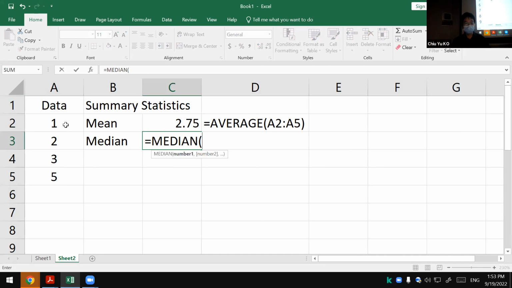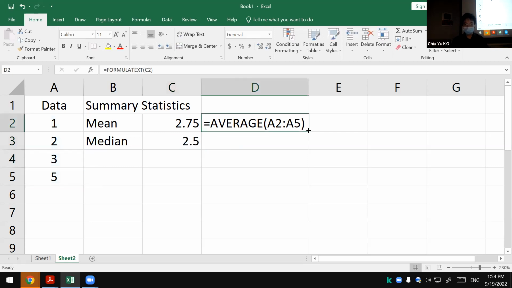And instead of typing A2 colon A5, I can just click with the mouse or tap with your finger. Just use the finger to tap this and scroll, or use the mouse to do the same. Close it.